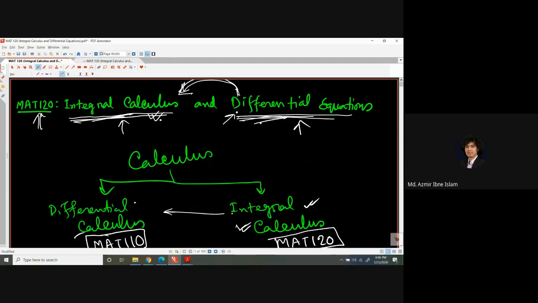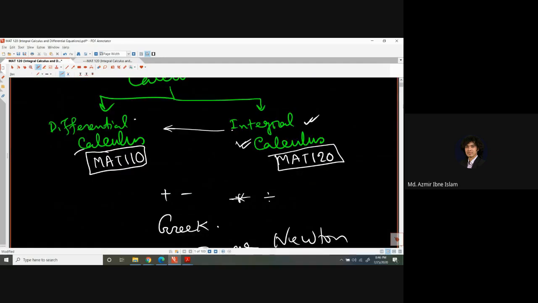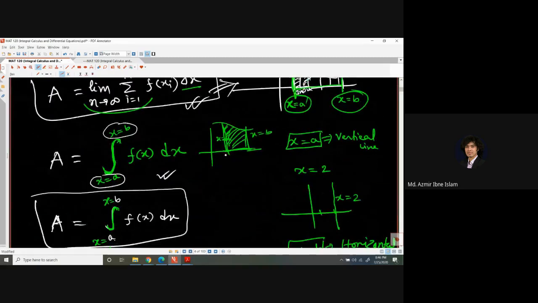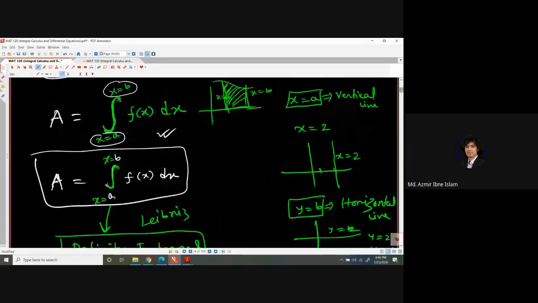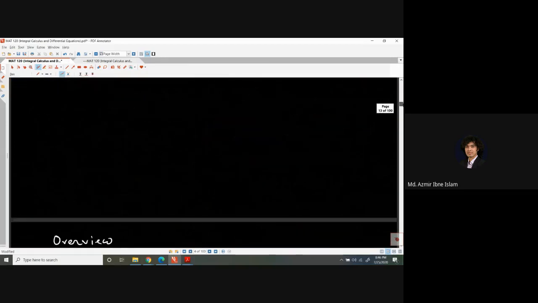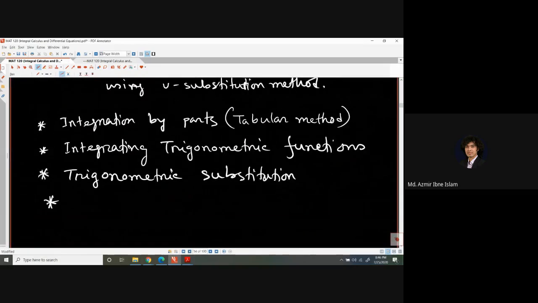Whenever you have a differential equation, for solving it, maybe the concept of the tabular method will be helpful. That's why we have to know the tabular method besides integration by parts.